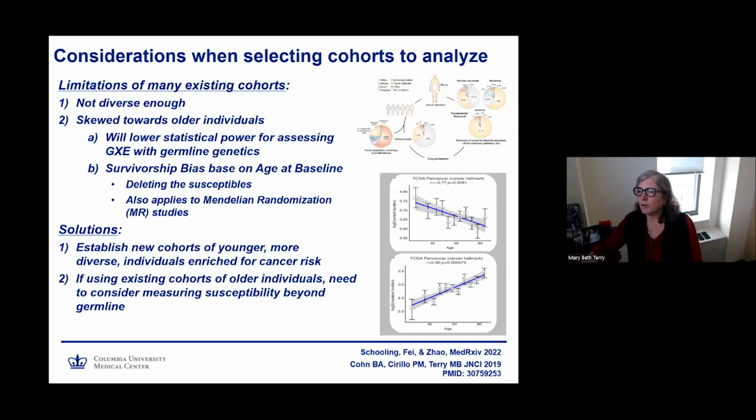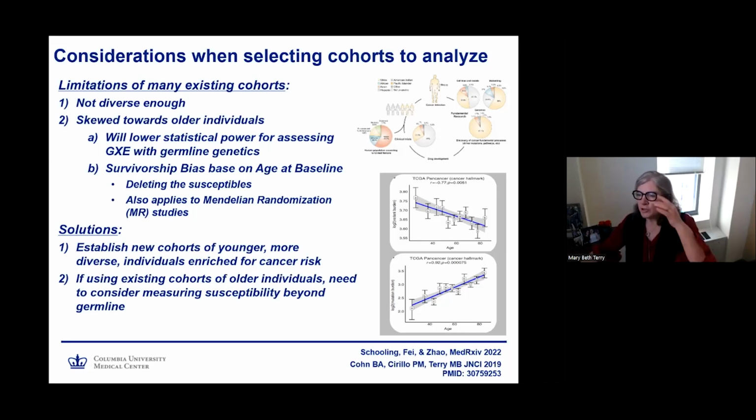That will lower the statistical power for assessing germline genetics, but also, and perhaps even more importantly, in enrolling into a cohort, we have what geneticists sometimes call deleting the susceptible. To enroll in a cohort at baseline, you have to already have survived, which is a selection bias in who gets excluded. And so this very much applies to Mendelian randomization studies in cohorts of older individuals.